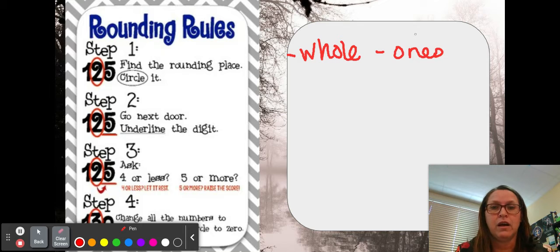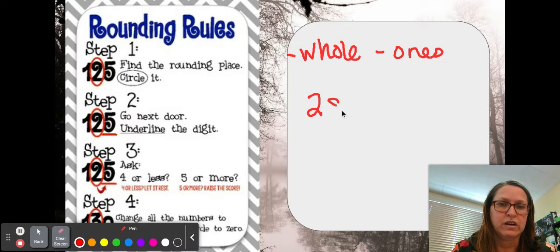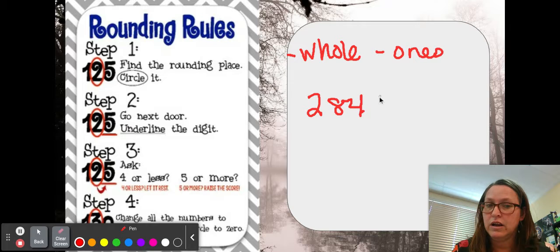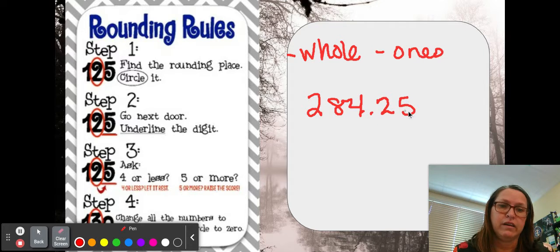So if I am given a number like 284.25, and I am told to round it to the nearest ones place, the first thing I'm going to do is circle the number in the ones place.